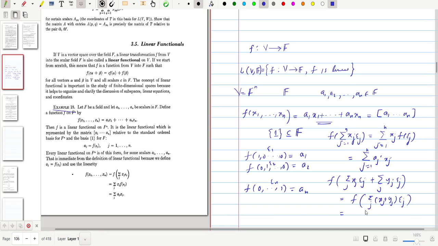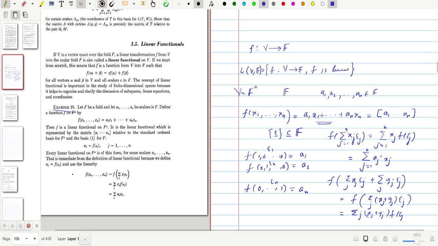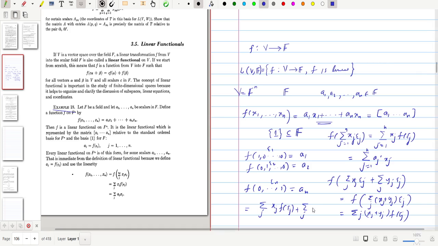By definition, this is the same as the summation over j of (xj plus yj) f of epsilon j. But you can write this as the summation over j of xj f of epsilon j plus the summation over j of yj f of epsilon j. So this gives f of alpha plus f of beta, where alpha is equal to (x1, ..., xn) and beta is equal to (y1, ..., yn). Similarly you can prove the scalar multiplication also.